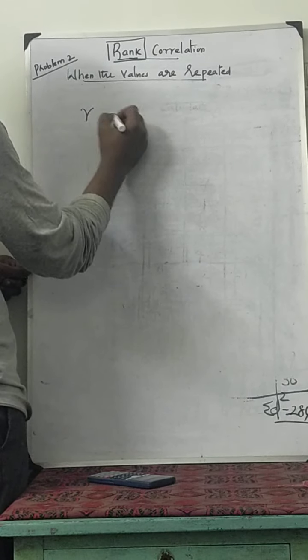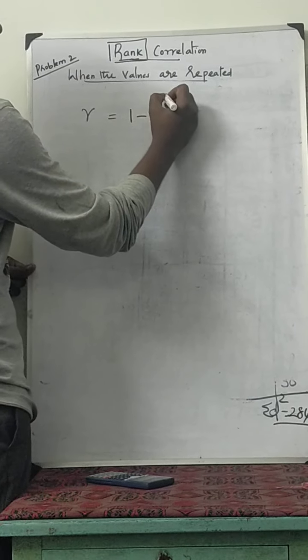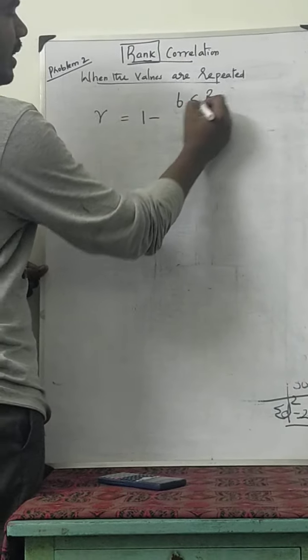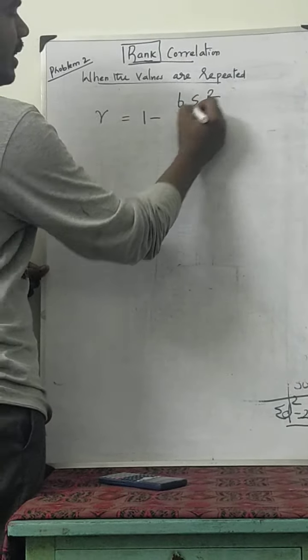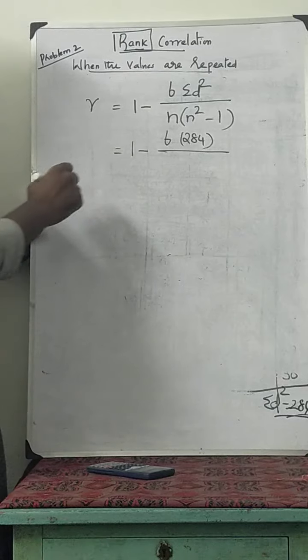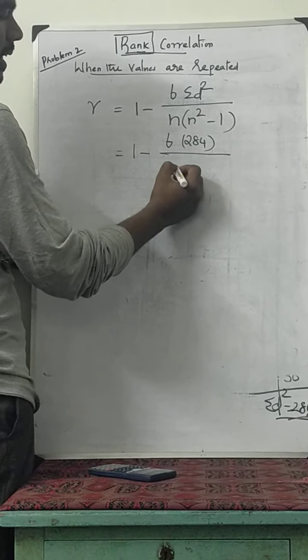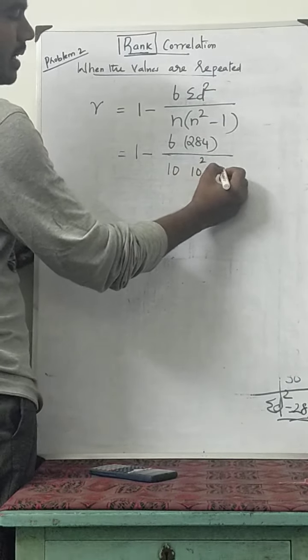You know the formula well: R equals 1 minus 6 sigma D square divided by n into n square minus 1. The same formula is used for all the problems. Now apply the data: 1 minus 6 sigma D square, which is 284, divided by n, the number of observations, which is 10, into 10 square minus 1.